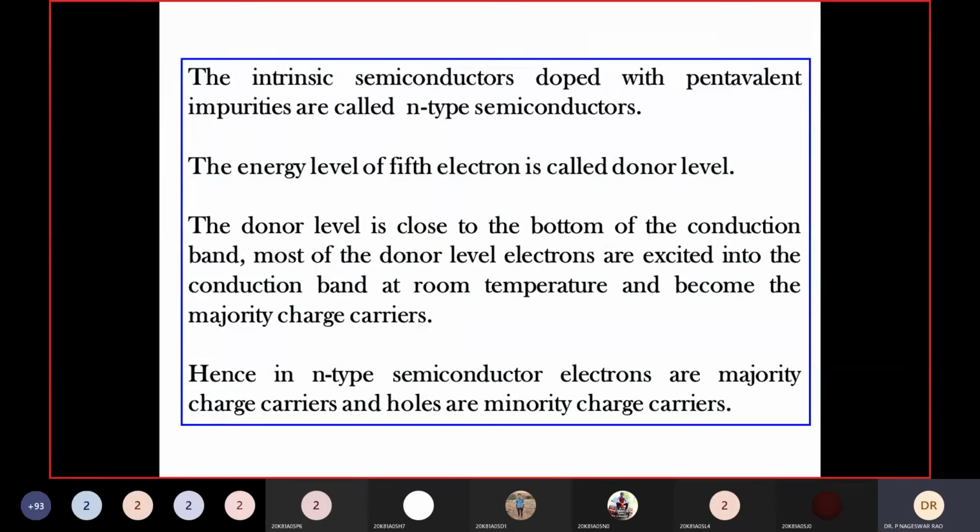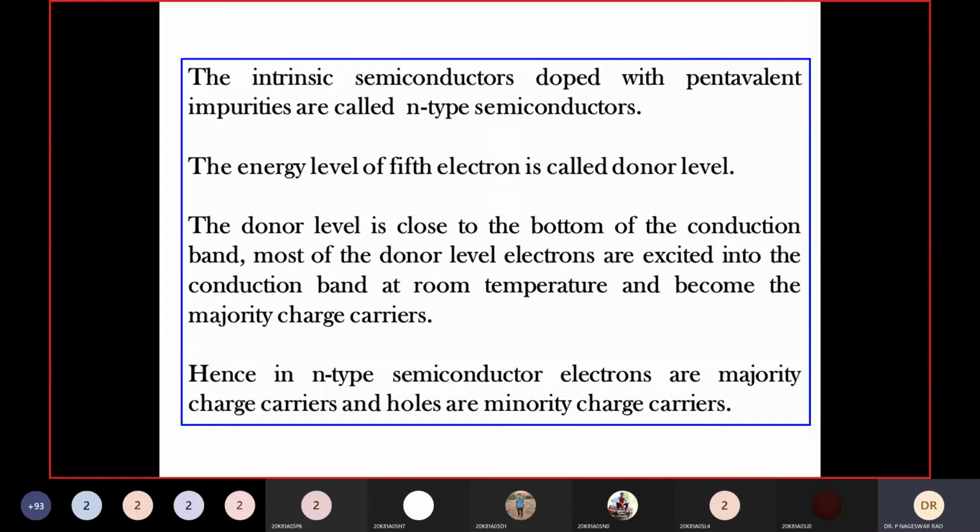So even if you dope a little amount of phosphorus, that many free electrons will be present.